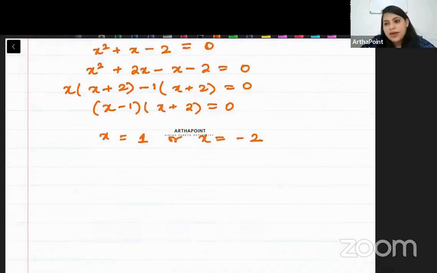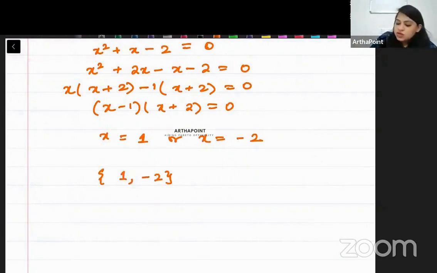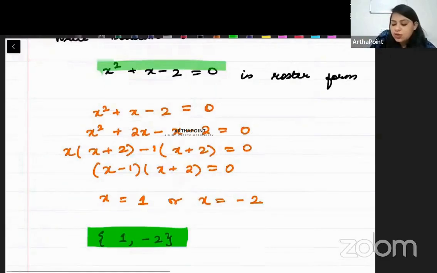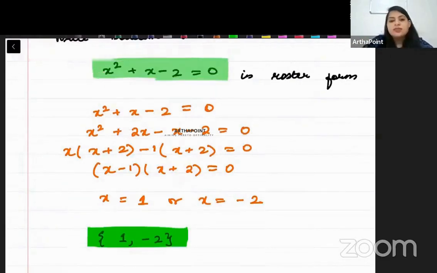Ya x 1 hoga ya minus 2 hoga. So in the roster format, there are only two elements that x can take, 1 and minus 2. So this is the roster format. I've written the set in the roster format for the solution to this equation. Ekdam clear ho gaya ye baat?